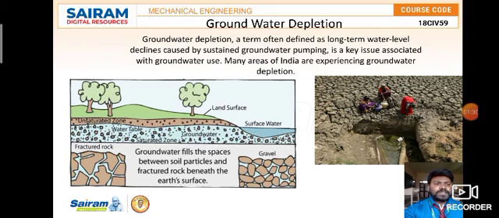First and foremost, groundwater depletion. For your understanding, I have shown the land where underwater depletion is taking place.